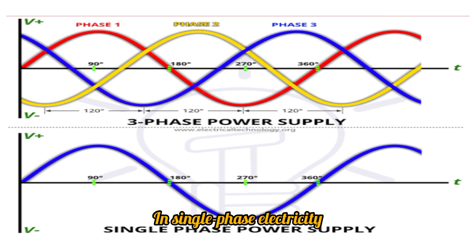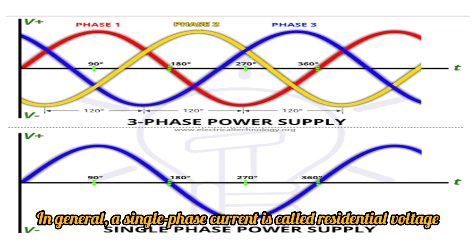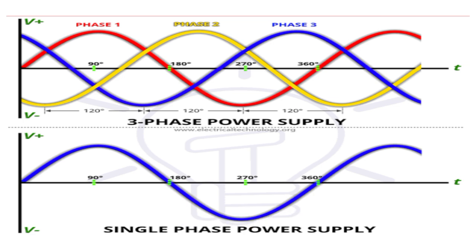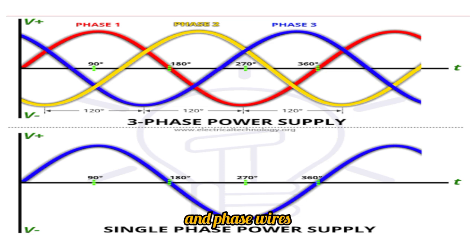In single-phase electricity, the supply voltage of the power changes simultaneously. In general, a single-phase current is called residential voltage because it is mostly used in homes. When it comes to distributing power, a single-phase connection uses neutral and phase wires.